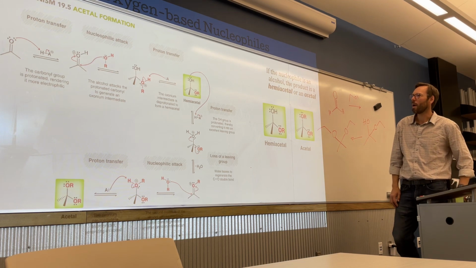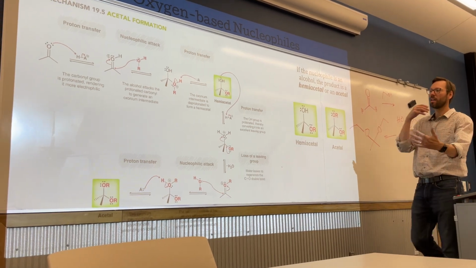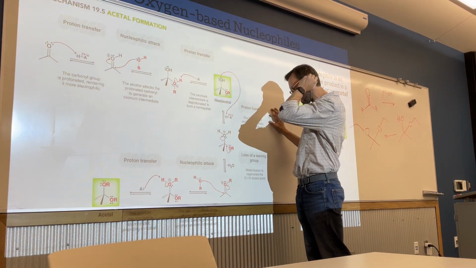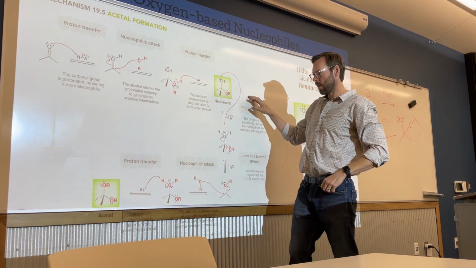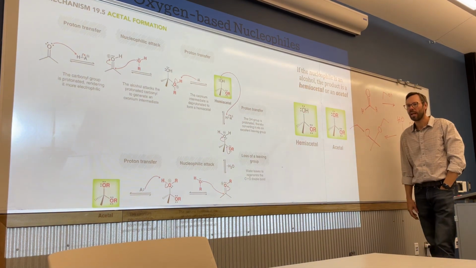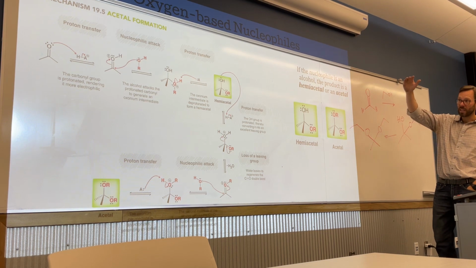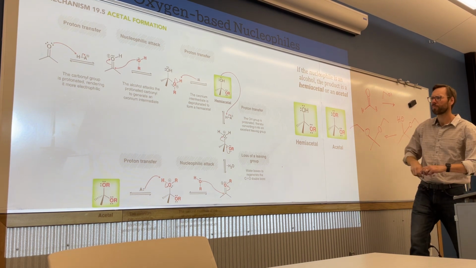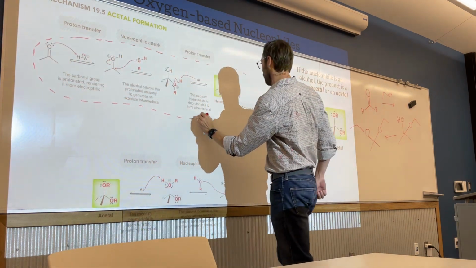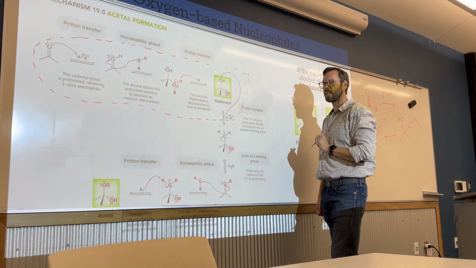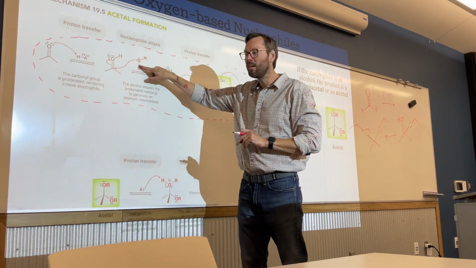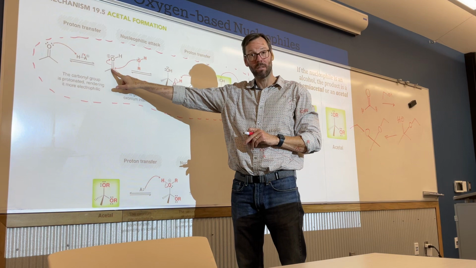All right. So here is that mechanism. So right here we're making our hemiacetal, and if we continue, we make our acetal further. And essentially it's going to be nucleophilic addition. This whole process here of the mechanism is nucleophilic addition, right? We're using this alcohol as a nucleophile to add onto our ketone, right?